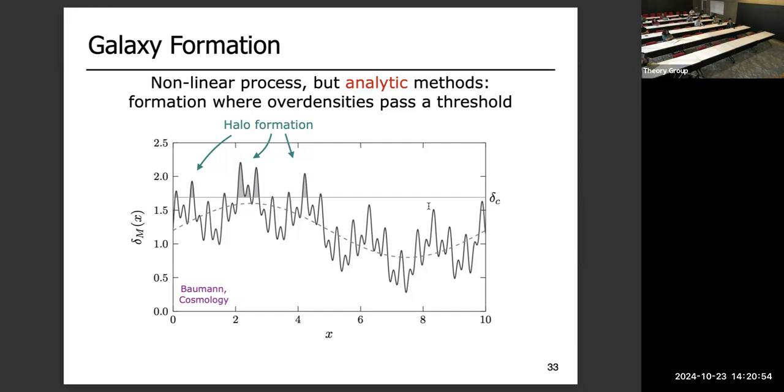And according to the semi-analytic formalism, above this critical threshold, you can mark out the regions that will eventually collapse to give rise to halos. And those halos would eventually host galaxies and so on. Okay?